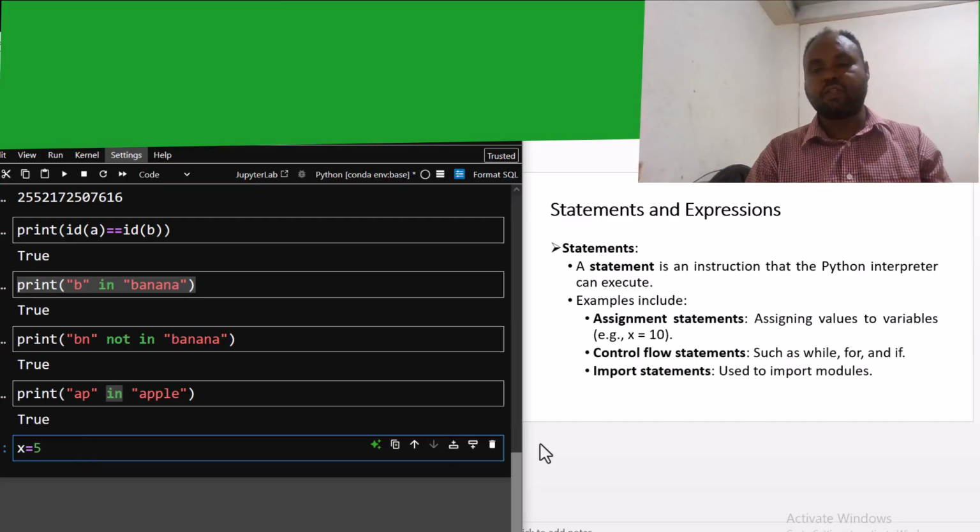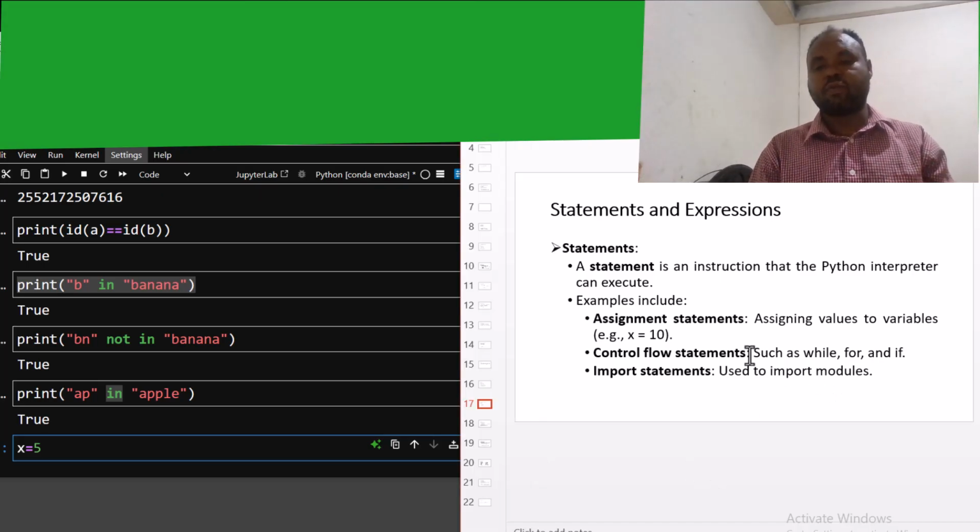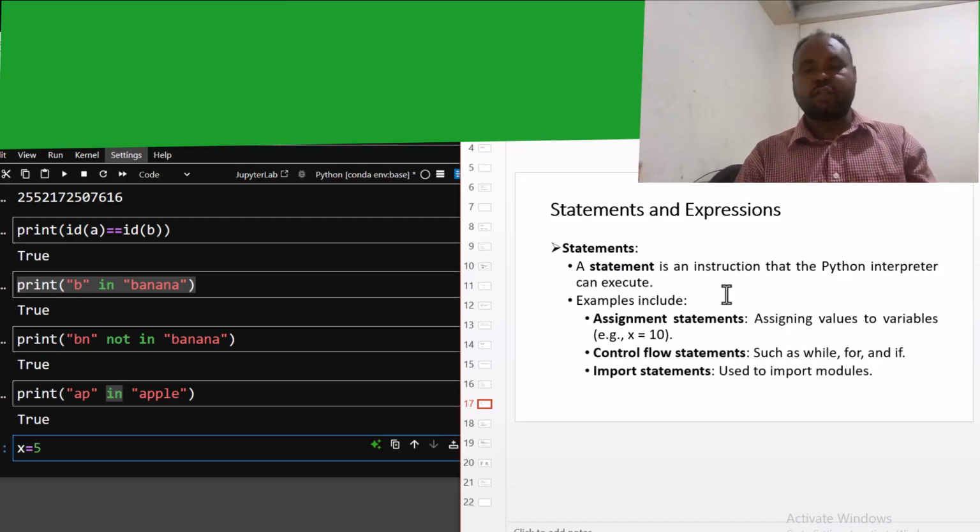Control flow statements are preceded by while, for, if, and so on. Import statements are useful to import modules or libraries. These all are statements.